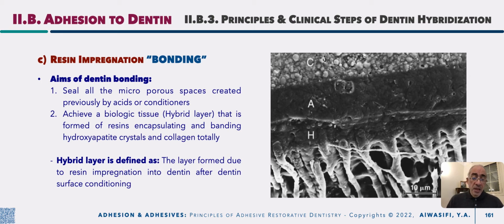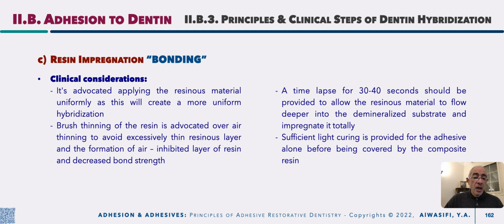When applying your resin or bonding agent, the same as for the primer, please apply it in a uniform coat with active application to allow forcing it inside your conditioned and primed dentin, and provide it with sufficient time to infiltrate and impregnate dentin.